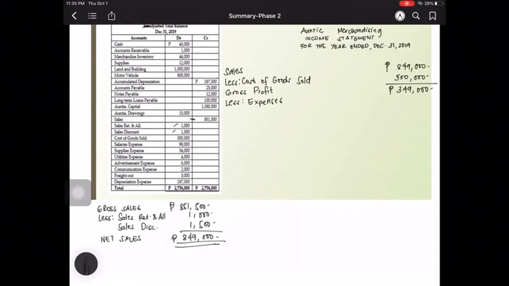Okay, so we can now proceed in deducting the operating expenses incurred by the business here. We have to be careful. Let us identify them one by one. We start with your salaries expense. Do not forget to put the indentation again. You might be asking, when do you have to indent the accounts that you are presenting in your financial report?